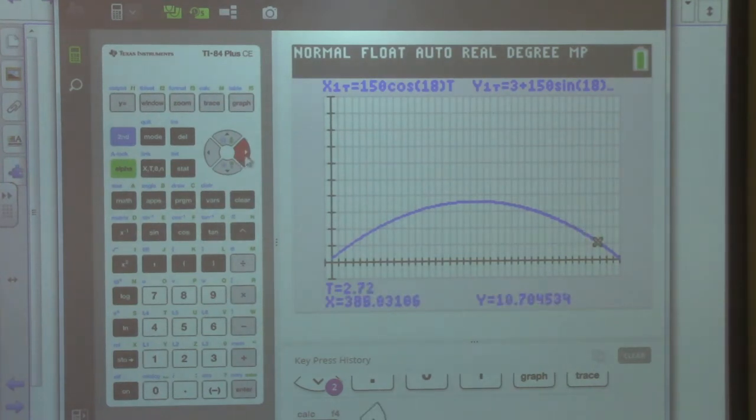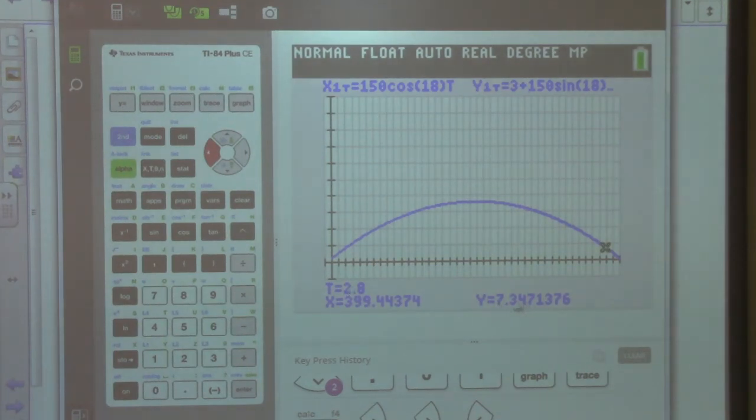So here we're getting close, and we see that we're below the height of the wall, right? And one thing you look for when you do this, you can find your maximum height. You can find the time it takes for the ball to get there in seconds. And here we are, as close as we're going to get.